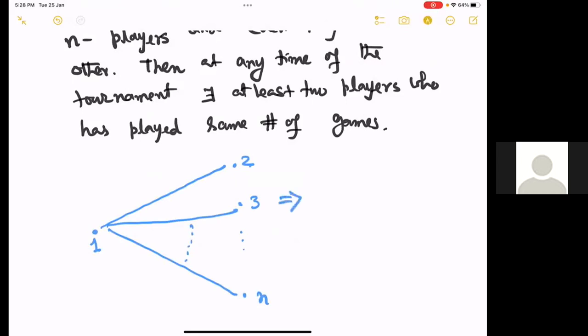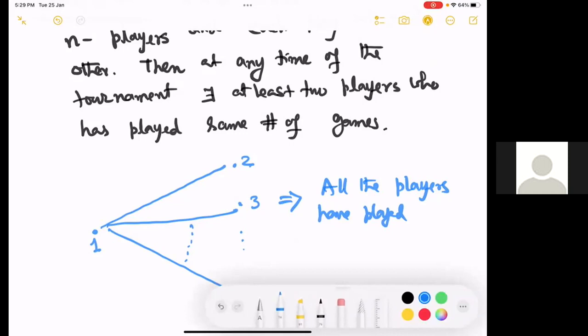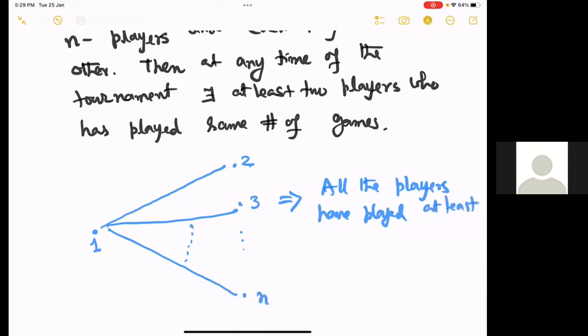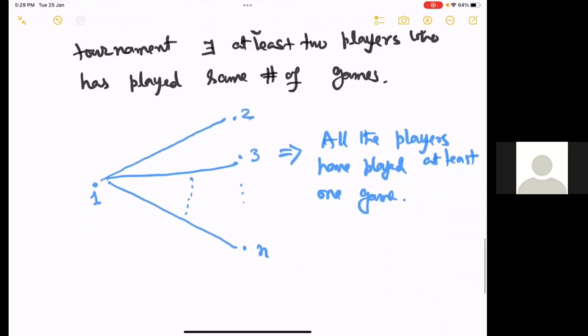In this case, all the players have played at least one game, right? Because two played with one, three played with one, so all of them played at least one game.